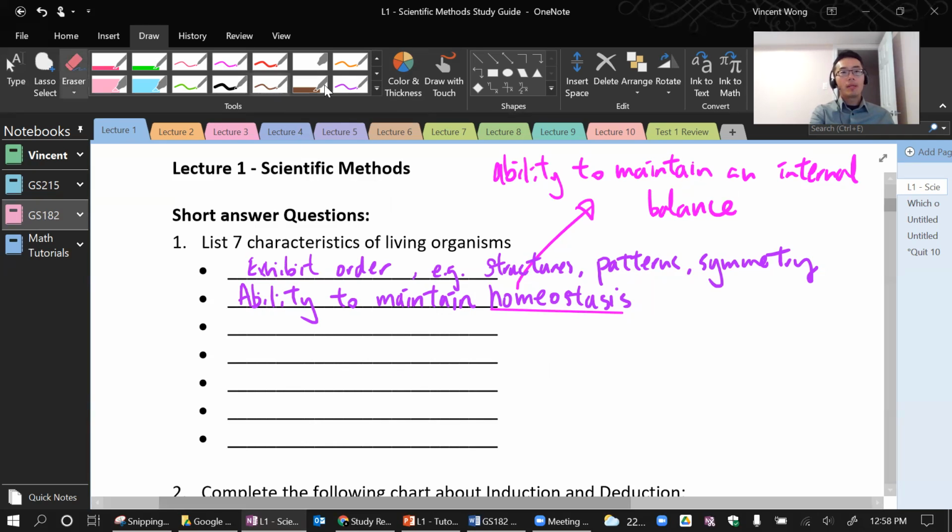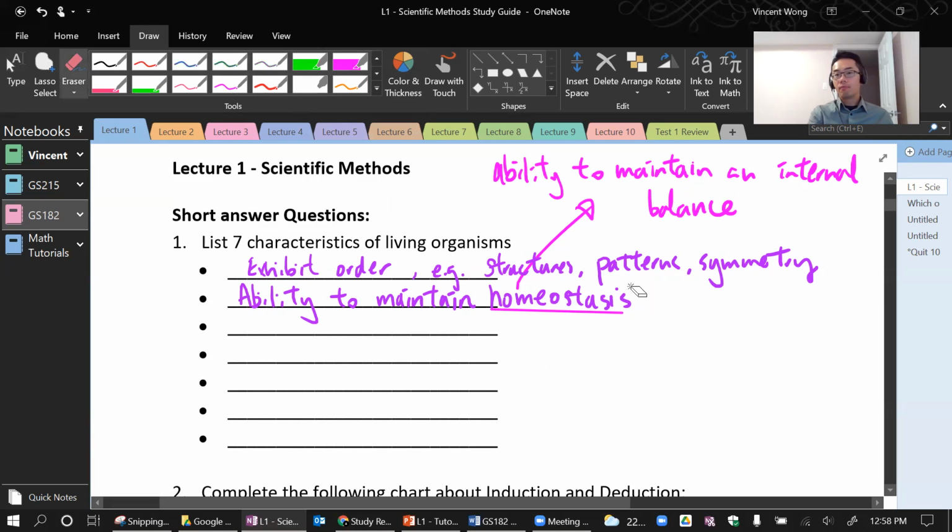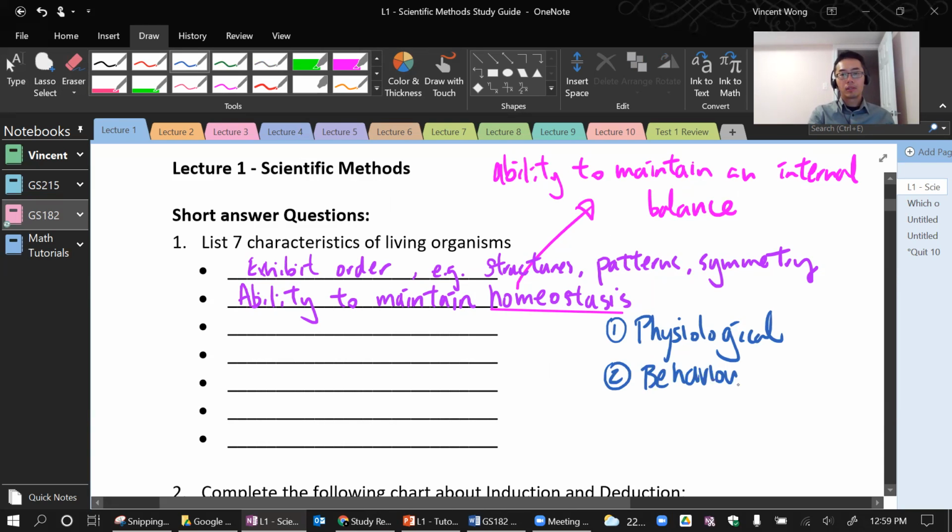In order to maintain homeostasis, there are different mechanisms that the body could use. We can use physiological mechanisms, or it could be behavioral. Physiological are things that your body does automatically.